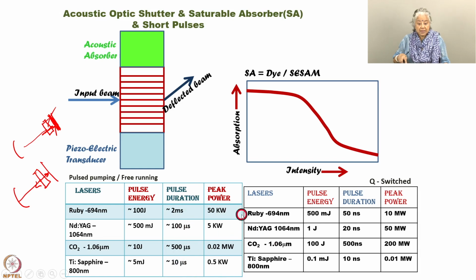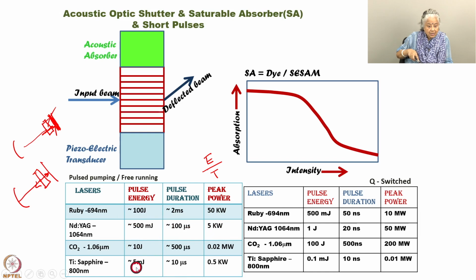So what will be the peak power in each of these cases? As you remember, peak power is energy by time. So all I have to do is divide this energy, 500 millijoules, by 100 microseconds. So I get a 5 kilowatt peak power.